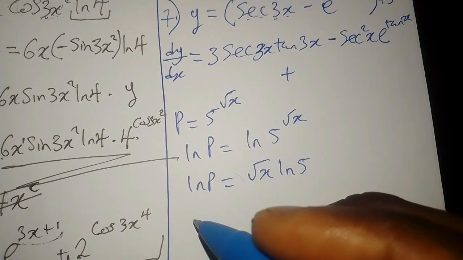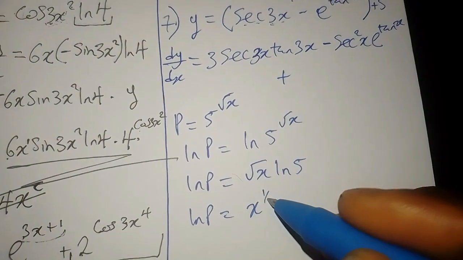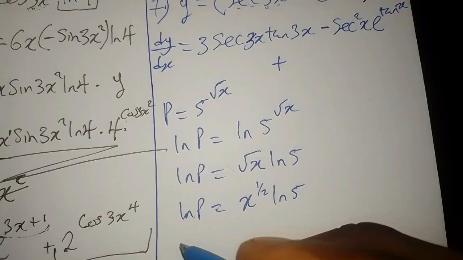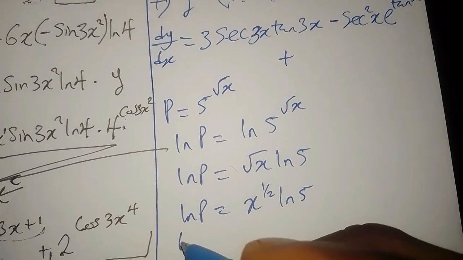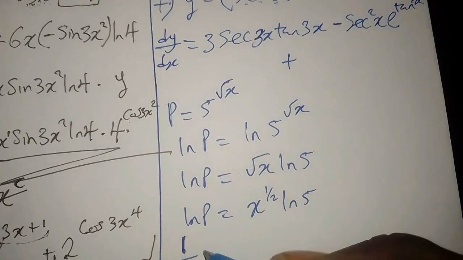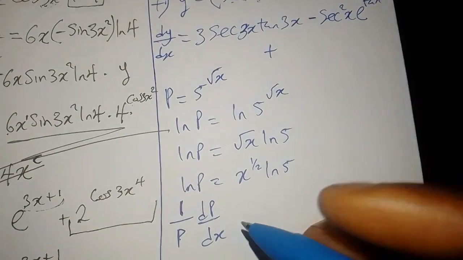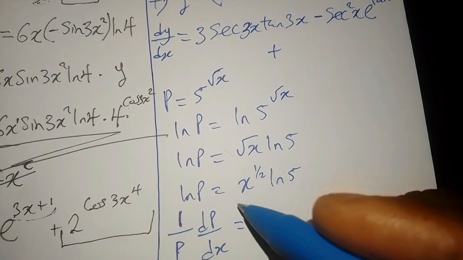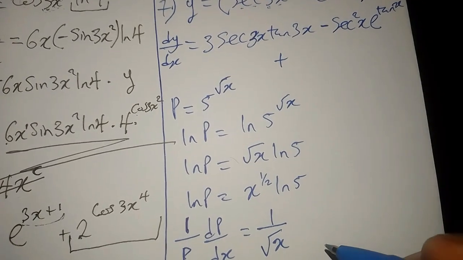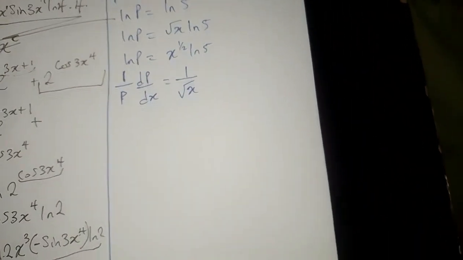I explained this when I was doing indices. So from here, let's differentiate. That's 1 over p dp dx, differentiating p with respect to x, equals, differentiate this part here, I'm going to have 1 over 2 multiplied by x raised to power 1 over 2 minus 1.